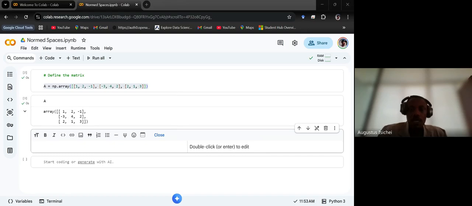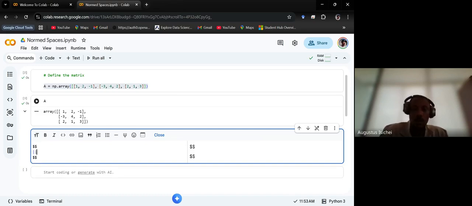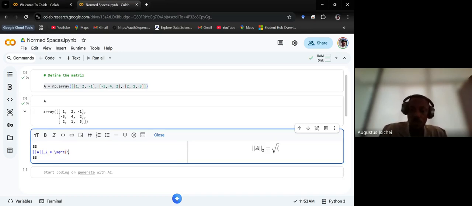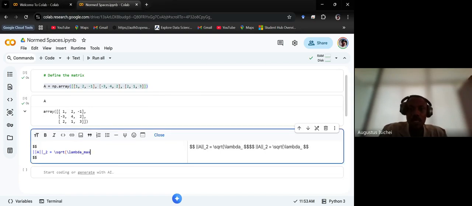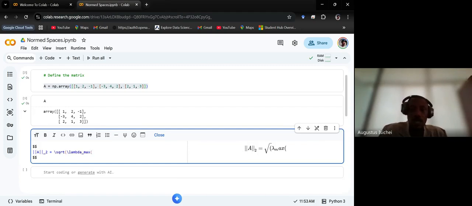It's called the spectral norm of A. I'll write it as the norm of A with subscript 2, which is equal to the square root of lambda max of A transpose times A. Okay, I think this is supposed to be curly braces.